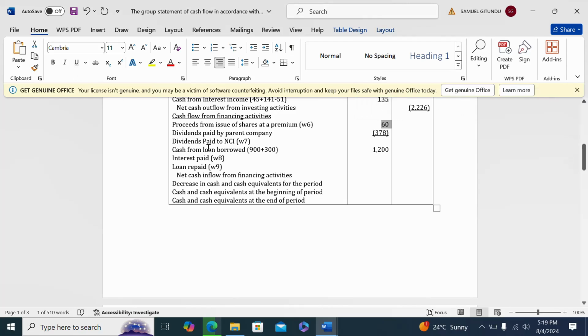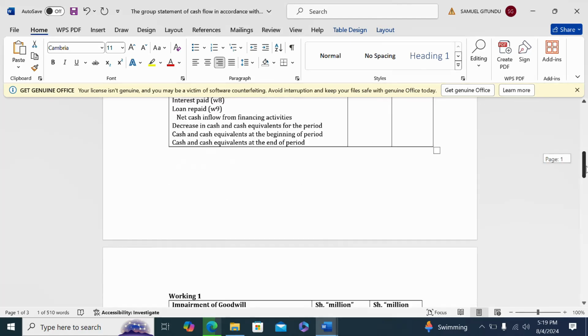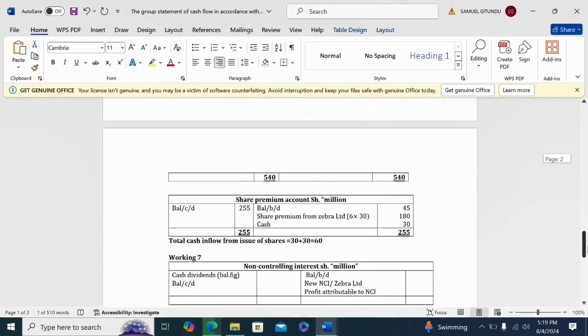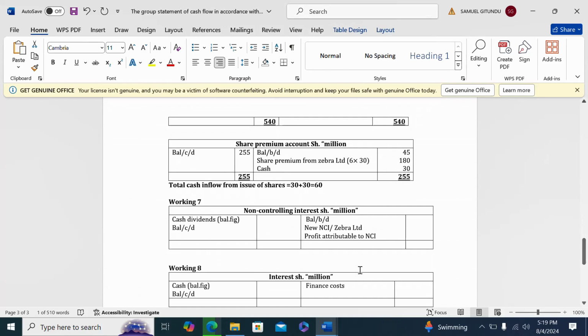Then dividends paid to NCI, that one we will also need a working, a working 7. So we go to working 7. What was the balance as at 1st December 2014 of the NCI?